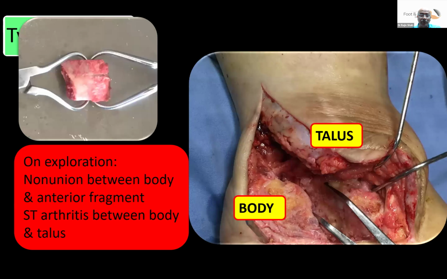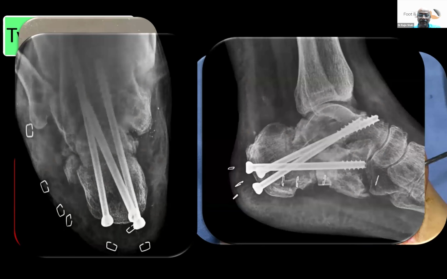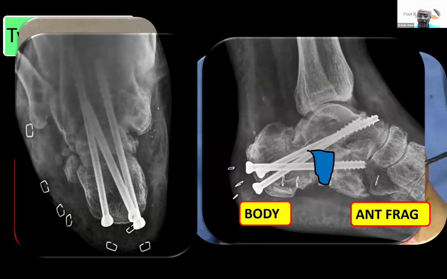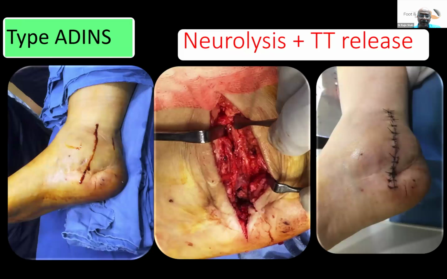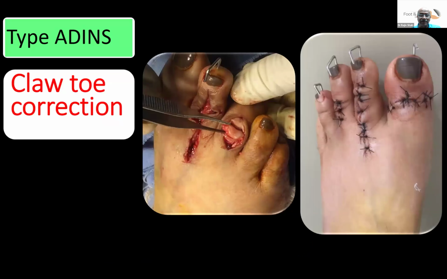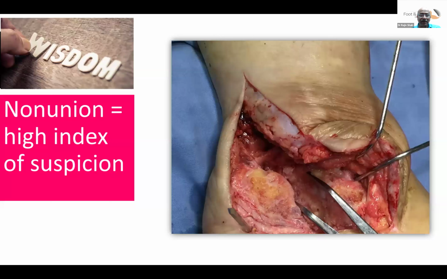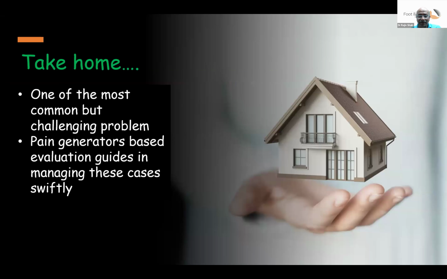So we had to take two bone grafts from the iliac crest, and then we fixed the body with the anterior fragment with the bone graft, and we did a subtalar fusion distraction with the mid-body and talus. Together with that, she also required neurolysis and tarsal tunnel release, plus correction of all clawing of the toes as well as claw hallux. So non-union really requires a high index of suspicion.